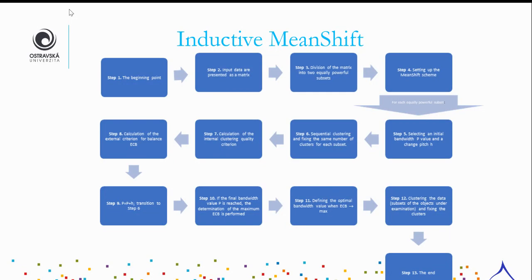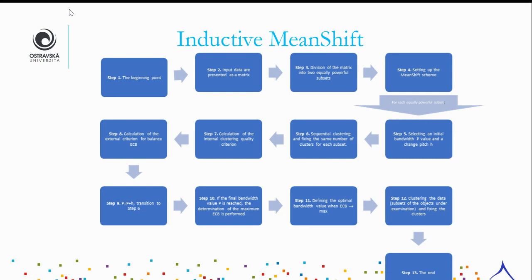In this slide, you can see a general scheme of the offered algorithm. So first of all, the data comes to the system in the form of a matrix, which is later divided into two equivalently influential subsets.